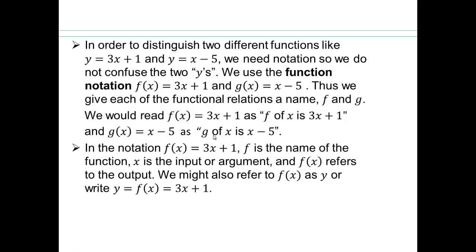So the notation, f is the name, like we said, x is the argument, and f of x is referred to as the output, or y equals f of x. So when you hear f of x, you should attach that to the y coordinate, and x is the x coordinate. So x coordinate is input, y coordinate is the output if you're looking at y as a function of x.